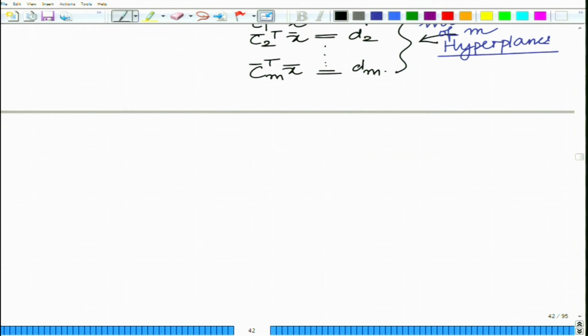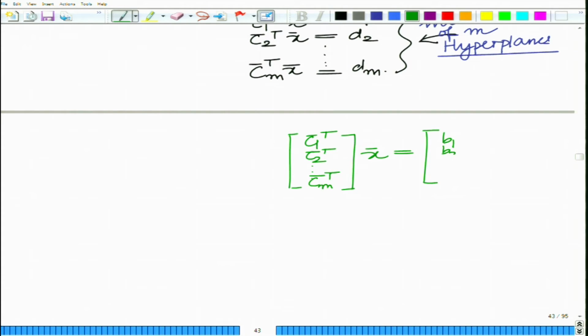Again, I can concatenate this system and represent it as follows: C1 bar transpose, C2 bar transpose, Cm bar transpose, times x bar equals D1, D2, up to Dm.